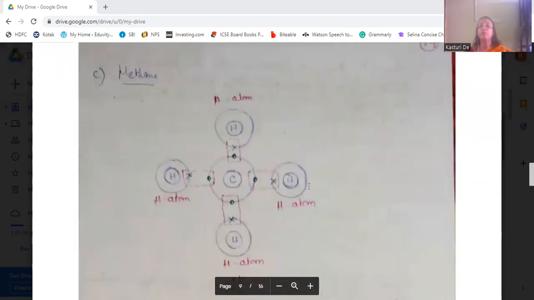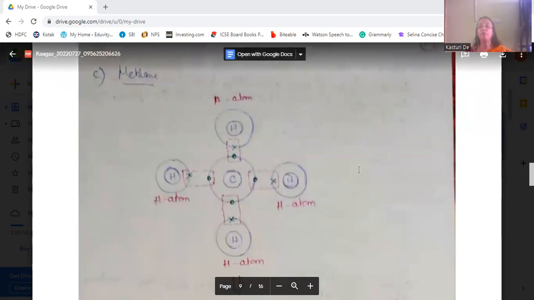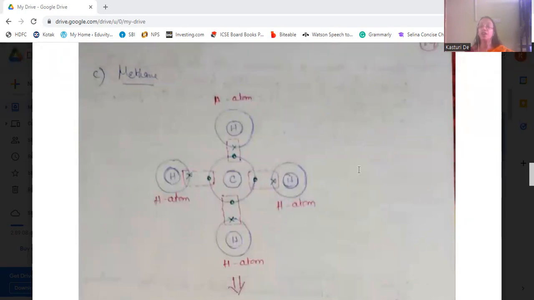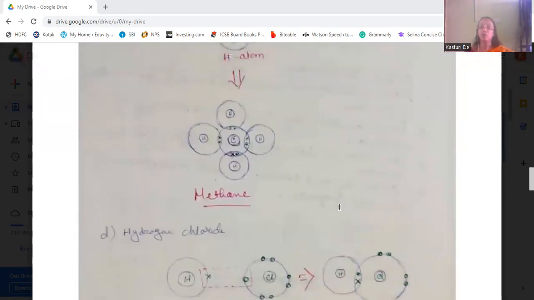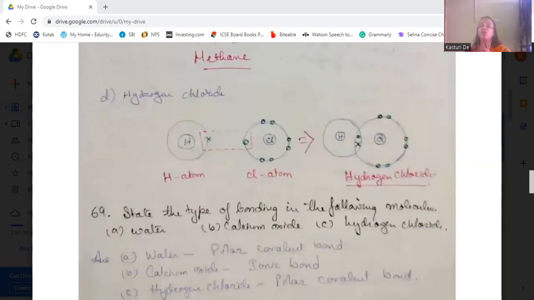Then methane: carbon will share its 4 electrons with 4 hydrogen atoms, 1 with each, and it will form a CH4 molecule. Then hydrogen chloride: hydrogen will share its 1 electron with chlorine, and it will form a hydrogen chloride molecule.